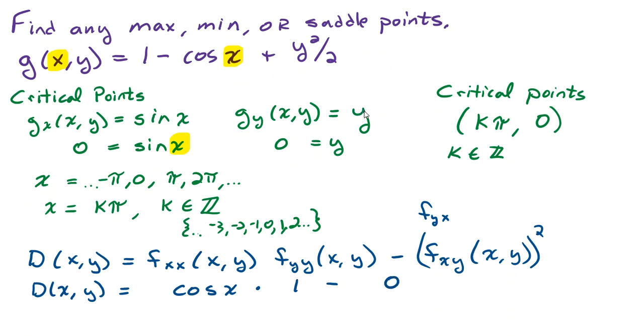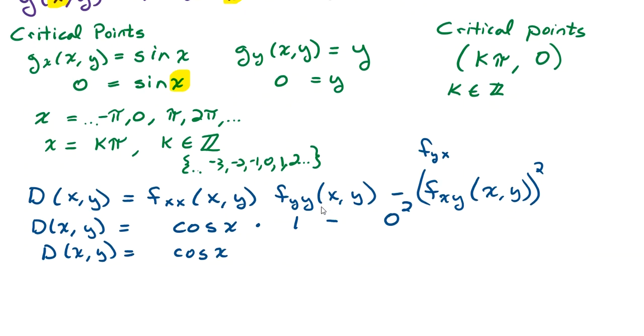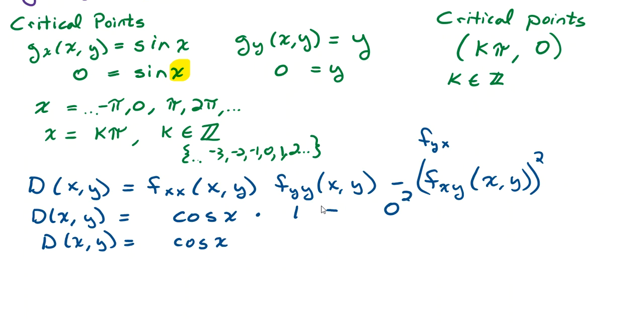All right, so the second derivative test function that we need to look at is basically the cosine of x. And remember, all we care about is whether this is positive or negative. So let's write our critical points, the ones we need to look at.